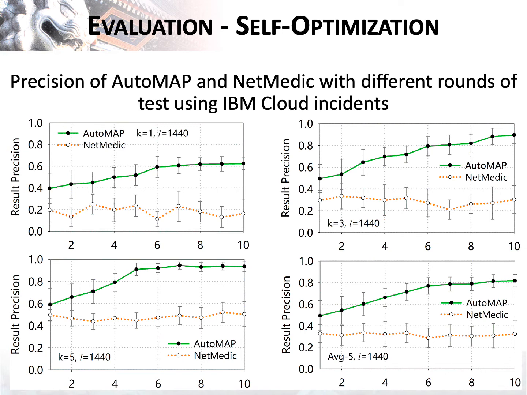In order to verify the effectiveness of the self-optimization mechanism, we examine AutoMAP on multiple rounds of testing and compare their results with the mathematics. This is the result. The precision of AutoMAP increased significantly with the increase of diagnosis round.